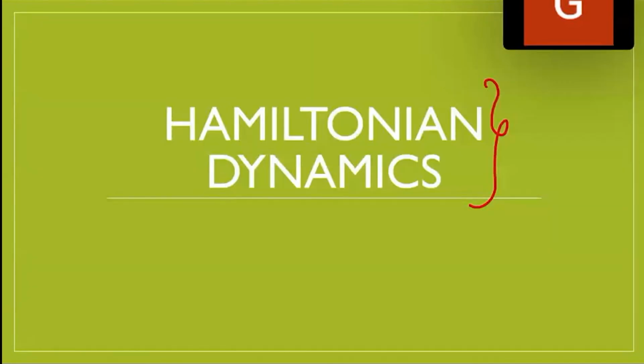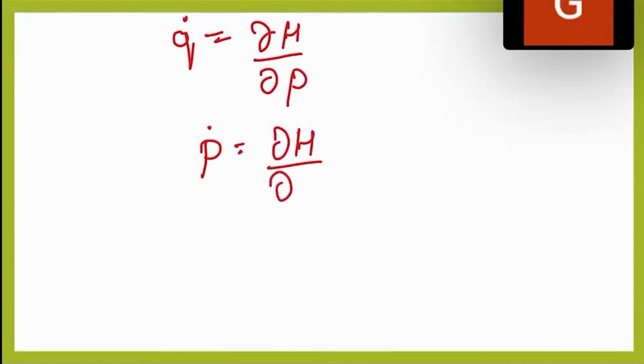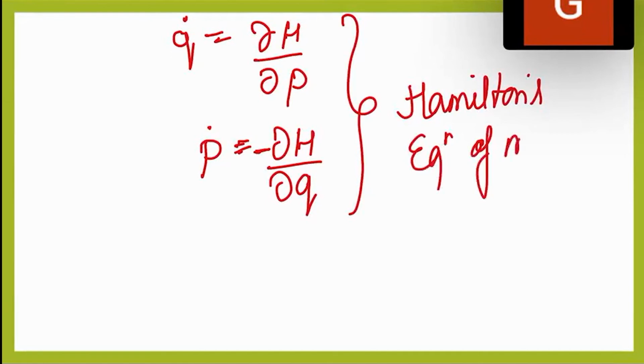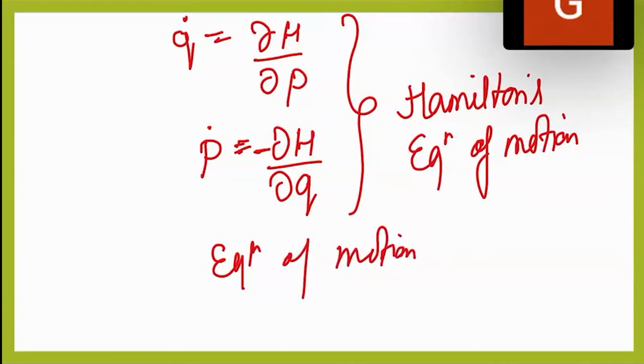So what are Hamilton's equations of motion? q dot is equal to del H by del p. p dot is equal to minus del H by del q. This is very important. Use these Hamilton's equations of motion and find the equation of motion of a simple pendulum.